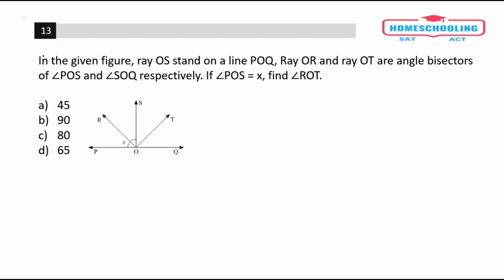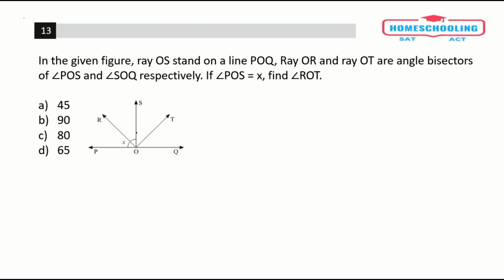Now in this question, in the given figure, ray OS stands on line POQ. OS is perpendicular to POQ. Rays OR and OT are angle bisectors. So if it is 90 degrees and these two are angle bisectors, that means these angles would be 45 degrees each, of angle POS and SOQ.